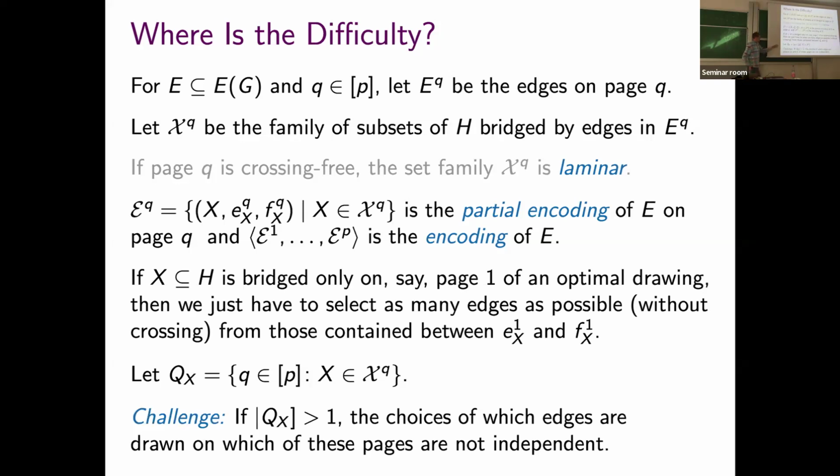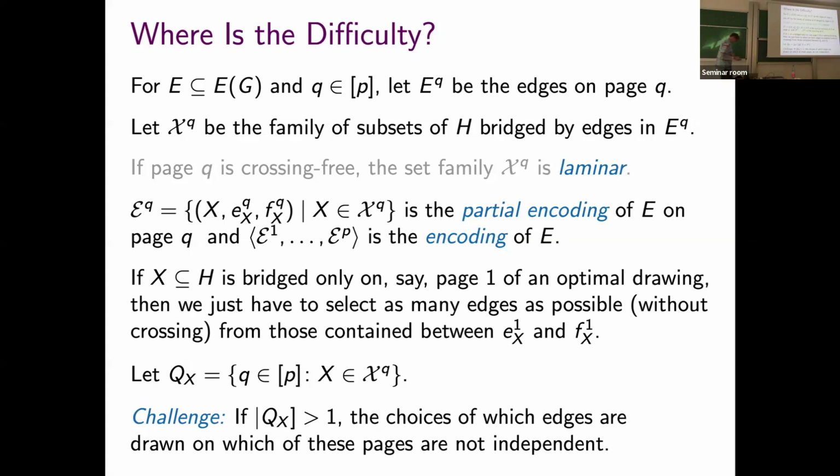If this set has cardinality greater than 1, then the choices of which edges are drawn on which of these pages among the ones that bridge X are suddenly not independent anymore. And that's where we got stuck at some point.